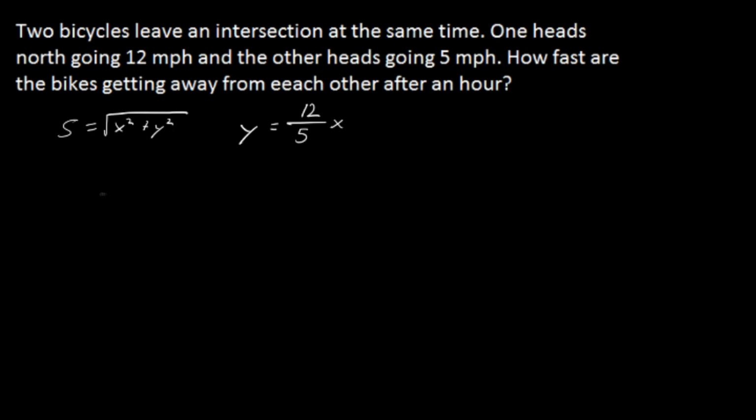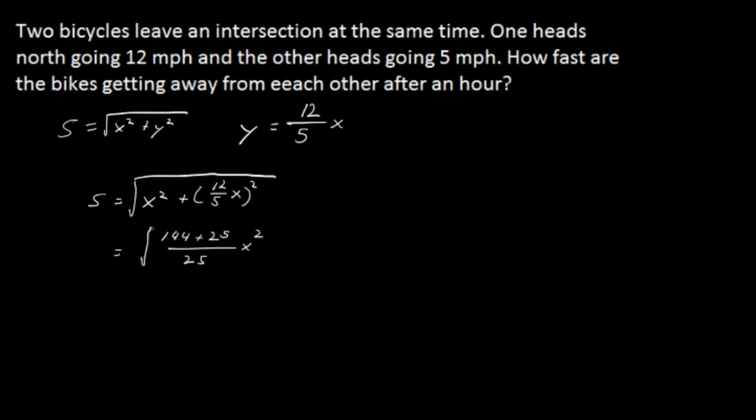Next, we're gonna substitute the given y value to the formula. Square root of x squared plus (12 over 5 x) squared equals square root of 144 plus 25 over 25x squared equals square root of 169 over 25x squared, which will give us the answer of 13 over 5x.